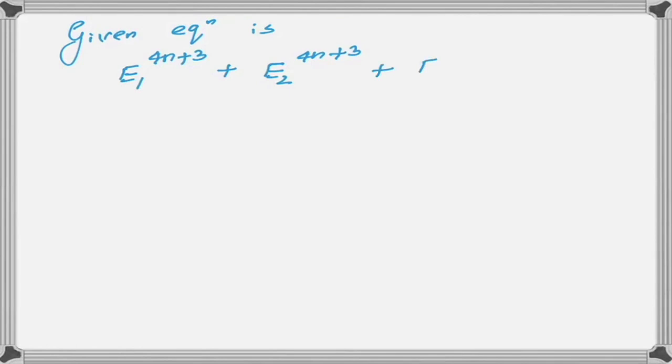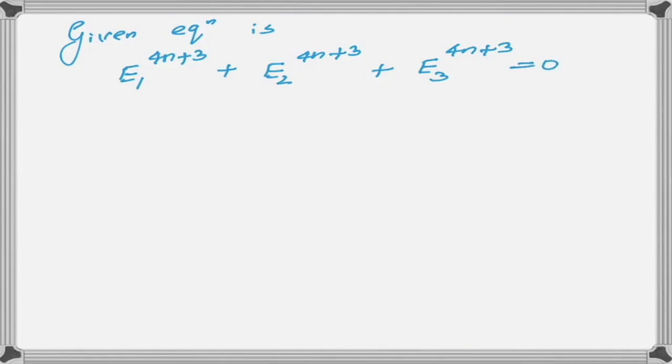The given equation is E1 to the power 4n plus 3 plus E2 to the power 4n plus 3 plus E3 to the power 4n plus 3 is equal to 0.